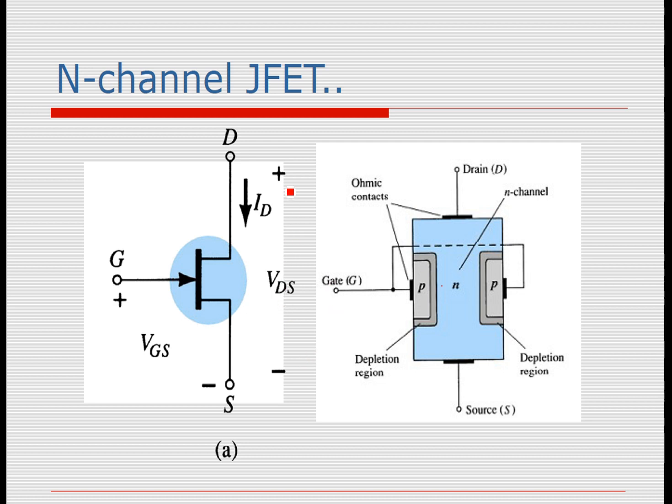So the drain is positive with respect to the source, that is VDS, the voltage between the drain and source, and current flows into the drain through the channel and out of the source, that is the drain current ID. Here ID is controlled by the input voltage VGS.